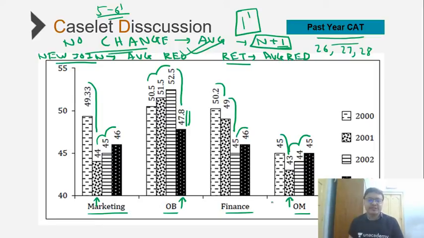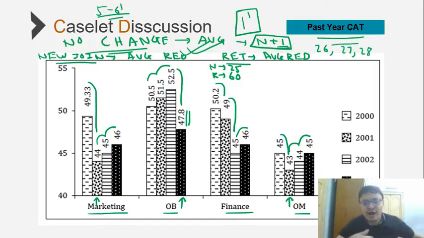Another interesting question is, in finance, one thing is clear: there is 1 year where a new person joined, and another year where a person retired. The one who newly joined was at 25, the one who retired was at 60. So what you need to do is try to identify which is the year where the dip happened because of retirement, and which is the year where the dip happened because of a new faculty joining.